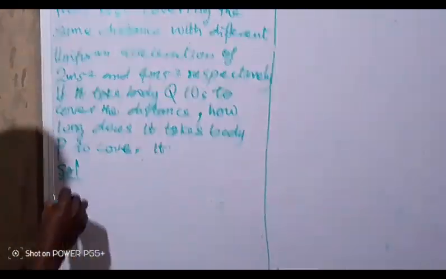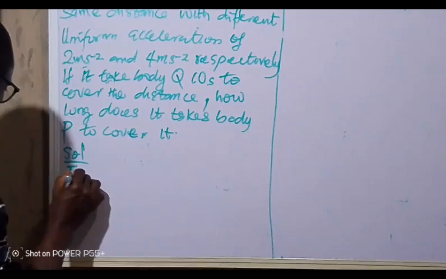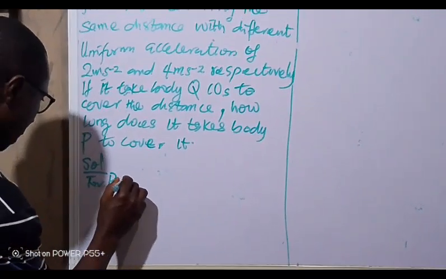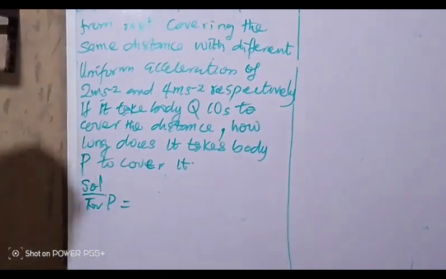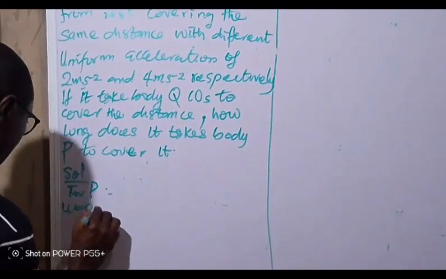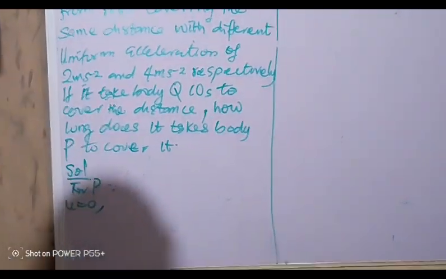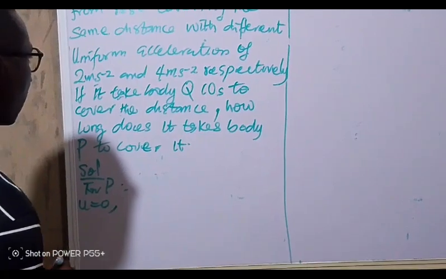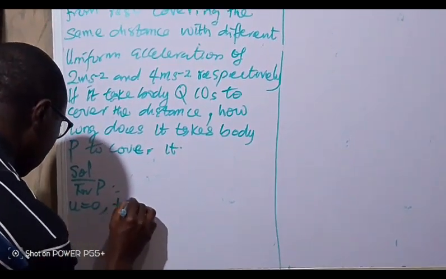So we have two bodies there. For body P, according to the question, U is equal to 0. Time taken to cover the distance is not known. T is not known.